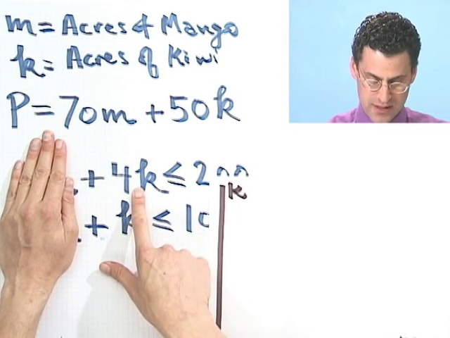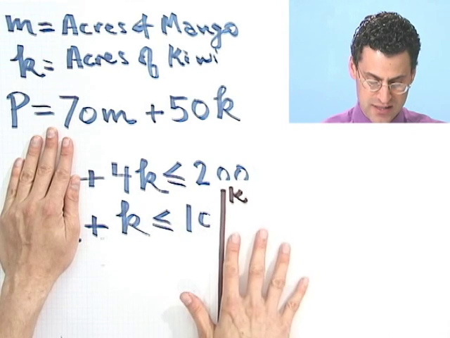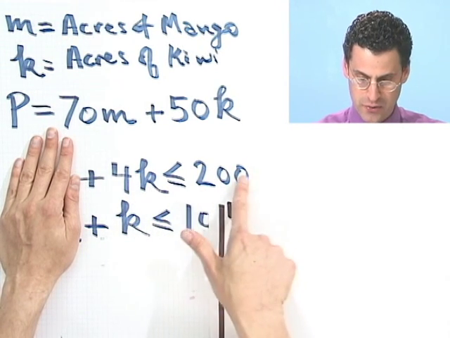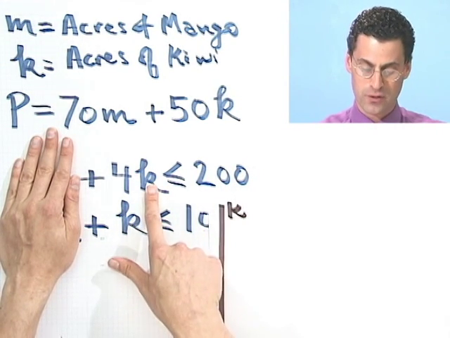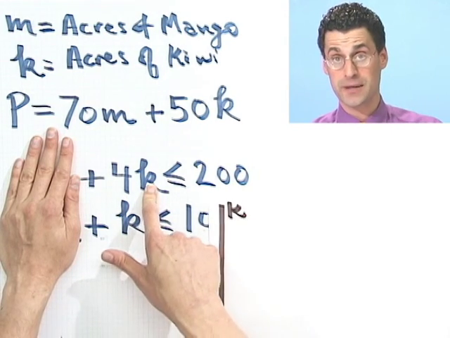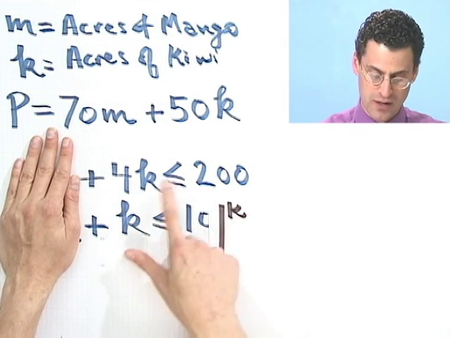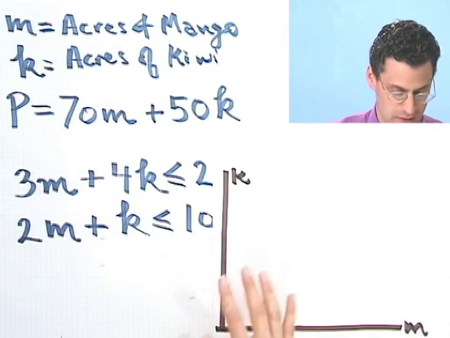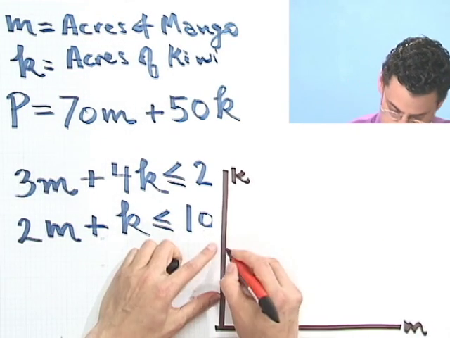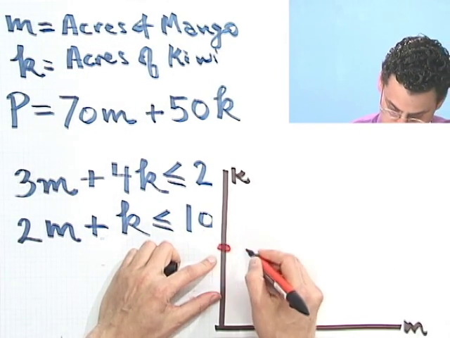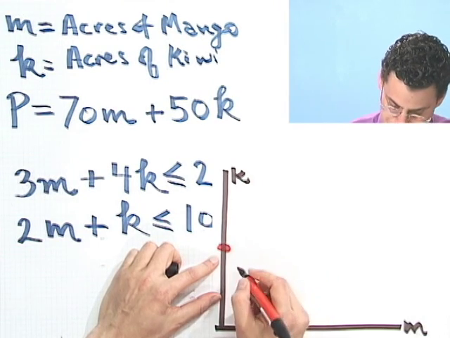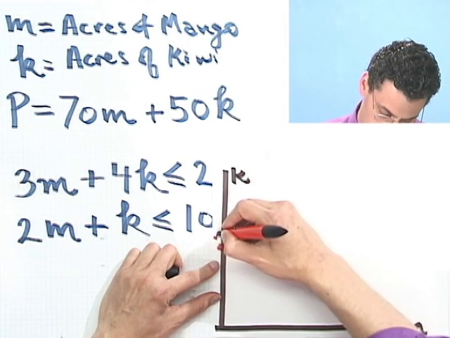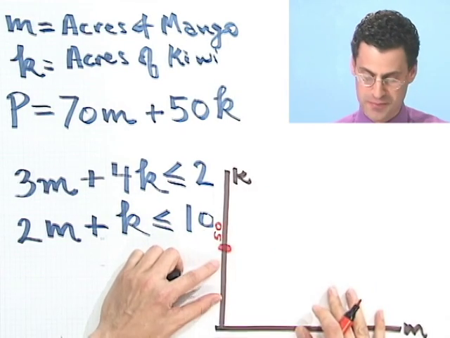And if I do that, what do I see? Well, if I put in a 0 here, I just see that 4k equals 200. If I divide both sides by 4, I would see k equals 50. So the intercept here is going to be at 50. I'm going to write this in stronger later, but that's 50 right there.